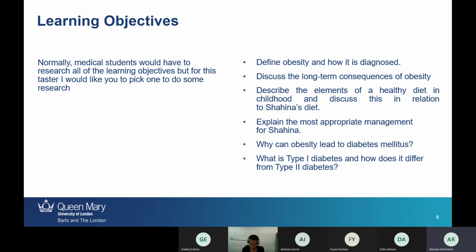So yeah, absolutely, those are some examples of the long-term consequences of obesity. Something else to mention as well is that it can also affect the quality of life for someone and lead to psychological problems such as depression and low self-esteem.